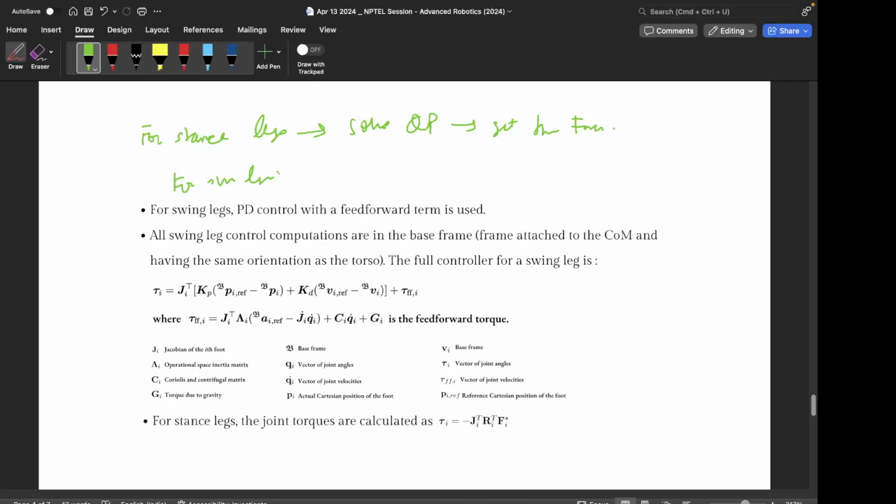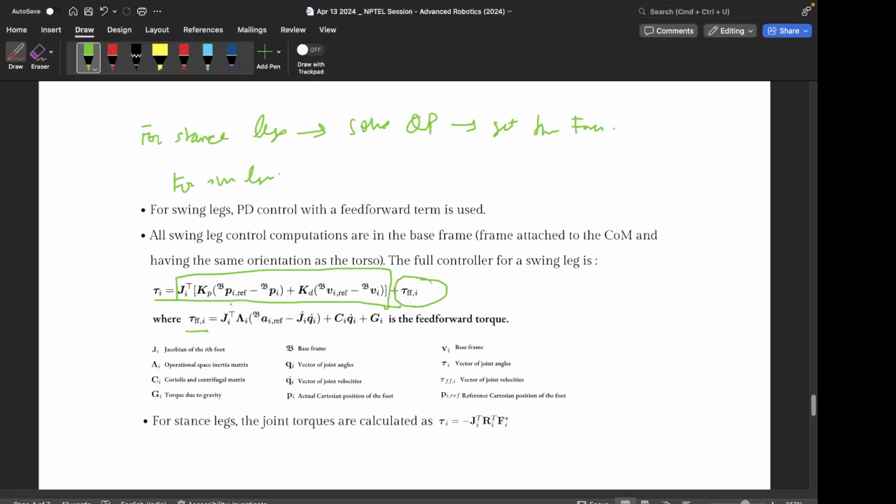So we have a feed forward torque term, and we have the feedback term. The first two terms are the feedback terms, and this is the feed forward term. The feedback term is again a PD control law on the position and velocity of the swing leg in the task space.